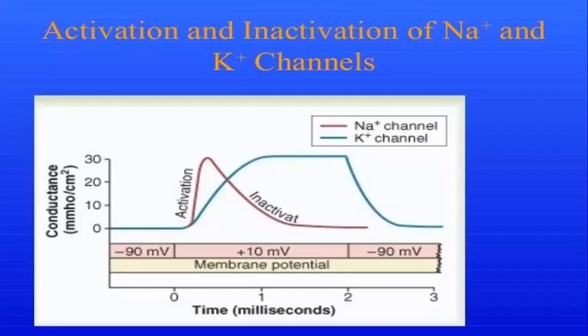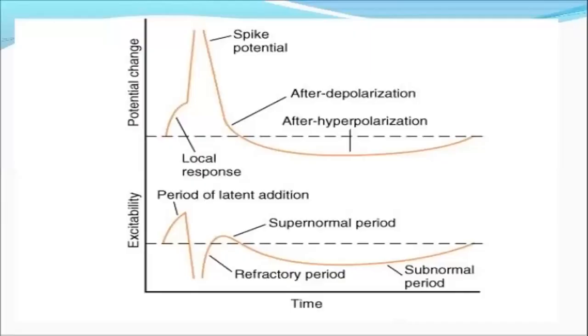Activation and inactivation of sodium and potassium channels, and potassium conductance and sodium conductance of the membrane, you can follow in this picture. You can see the potential changes: local response, the spike potential, the after depolarization, the hyperpolarization, the supernormal stage, the refractory period, the subnormal period.